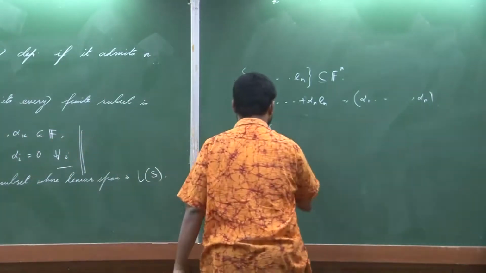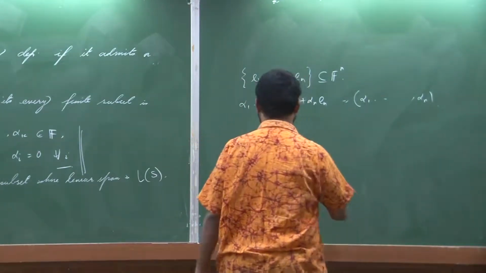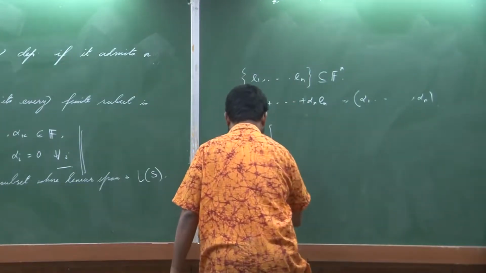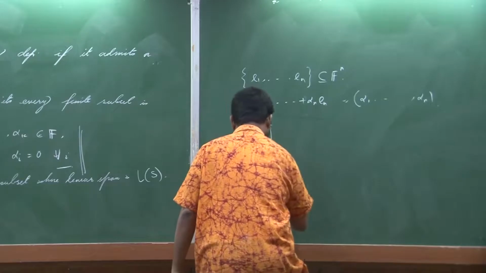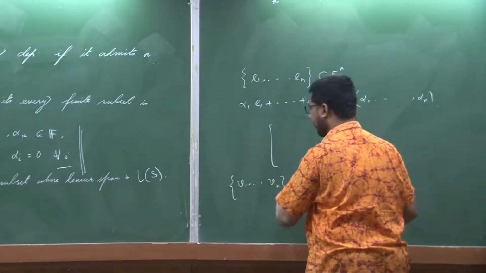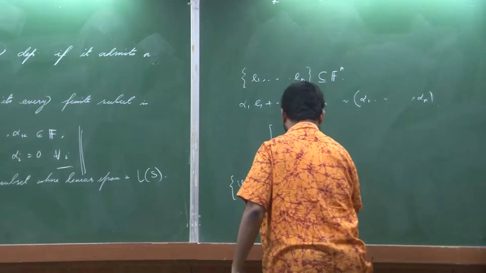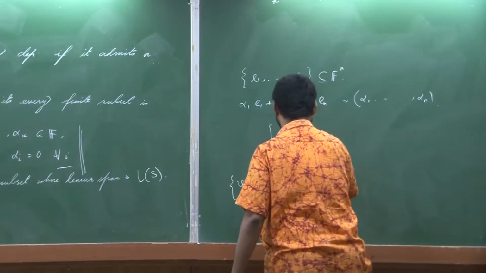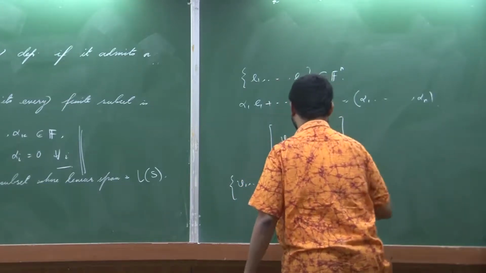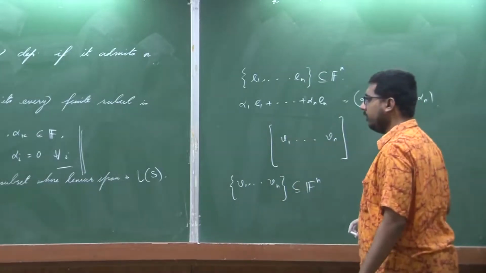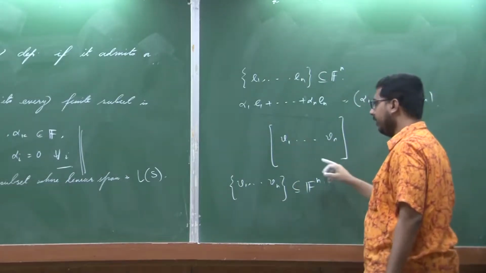Fine. So, we have already argued that if V1, V2, ..., Vn is a subset of n vectors of Fn, so that the matrix is invertible. Okay.